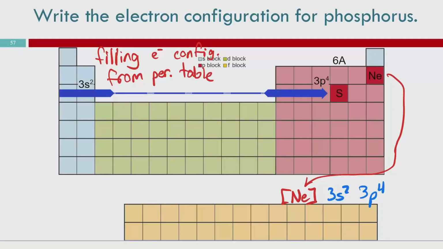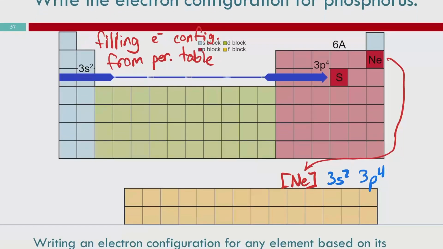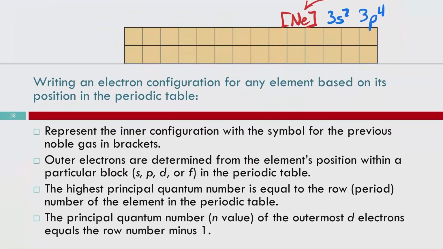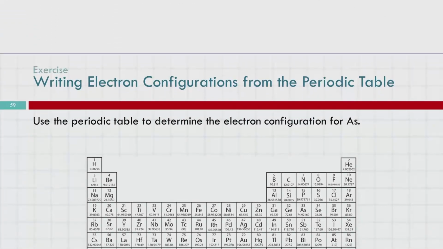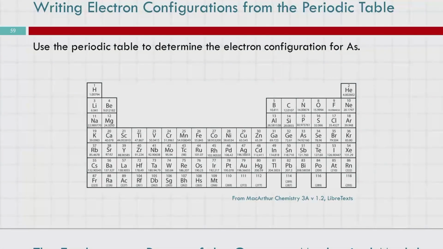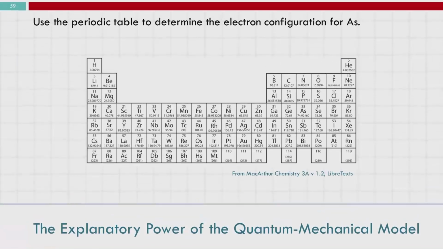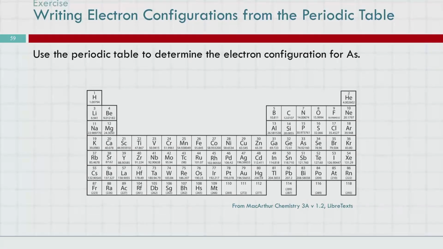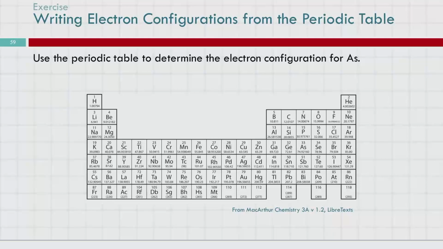It's the visual guide to filling in electron configurations from the periodic table. And that's more review. And if we wanted to, we could use the periodic table to determine the electron configuration for As, arsenic.